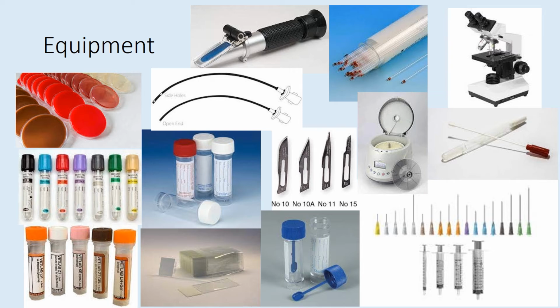Now, I'll be going through the different sampling or equipment for each one of these individually, but one thing I will just mention is that a lot of the commercial equipment, such as blood containers that you can see on the bottom left of the page, comes in various different varieties, and you will need to know the main differences in which one is the most appropriate to use.